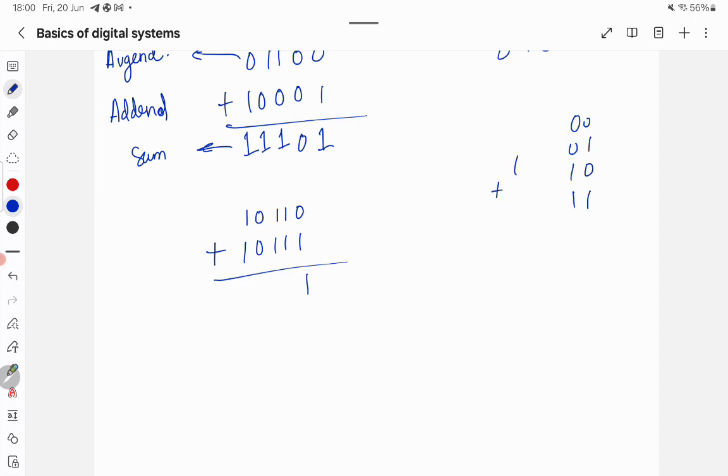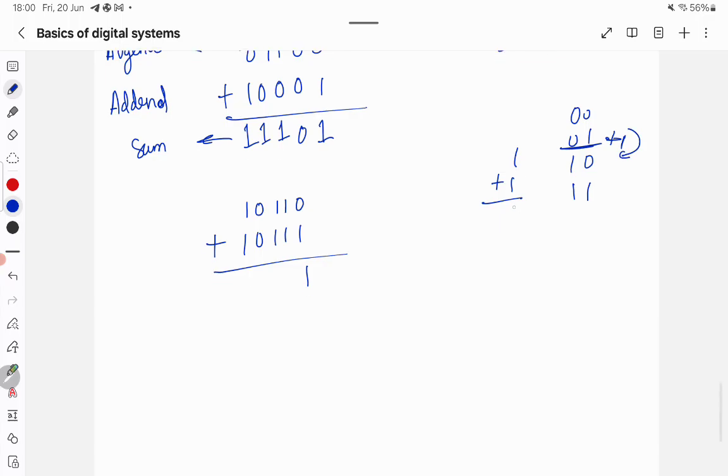When you add 1 plus 1, it is not like decimal adding where we write 2. This is the binary addition. From 1, first 01, then 10, then 11. So if we add a 1, we get a 10.